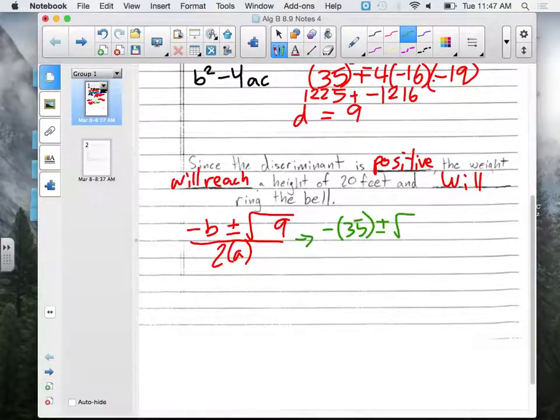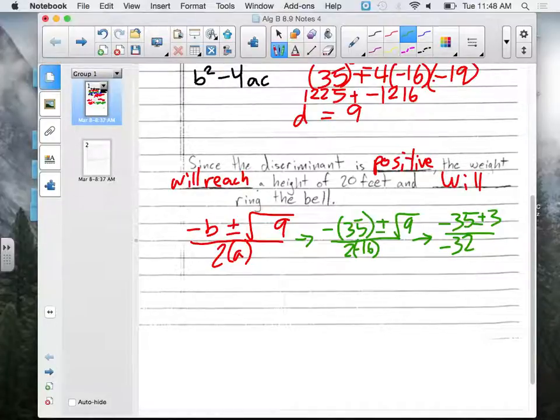Plus or minus the square root of 9, all over, what's 2a, excuse me, a is negative 16. So what's the square root of 9? 3. And 2 times negative 16 is negative 32.